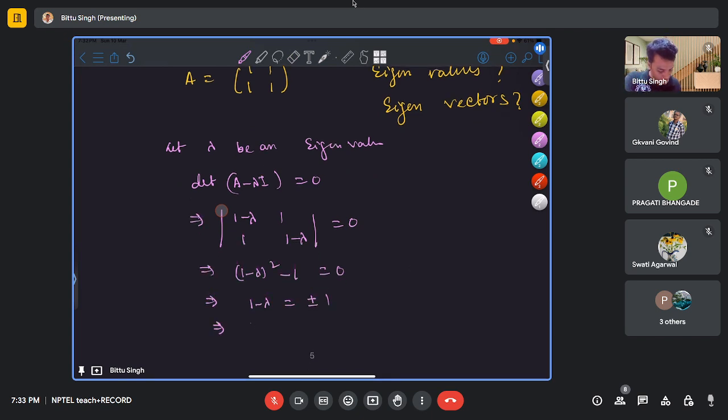And this is equivalent to saying for plus 1, we get lambda equal to 0, and for minus 1, we get lambda equal to 2. So those are the solutions. Okay. Therefore, the eigenvalues are this set 0, 2.